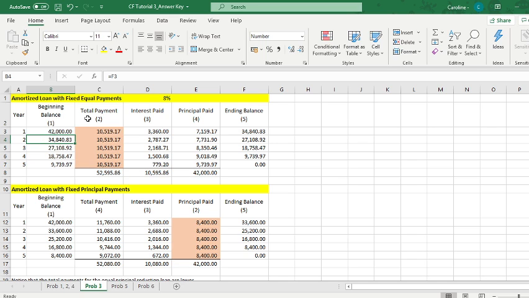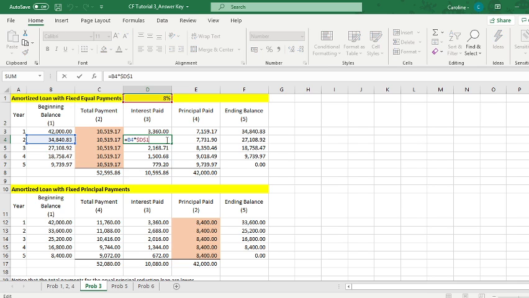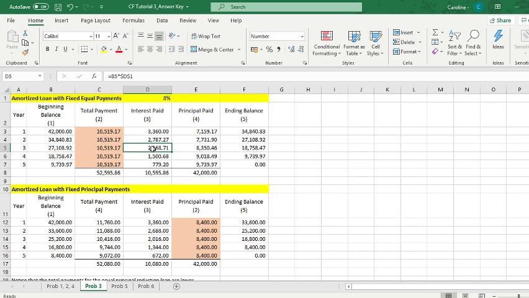Okay, the total payment is still the same because this is with the fixed equal payment. And for the interest you have to pay, you need to calculate this 8% multiplied by this balance, and then you find that the interest you are going to pay is 2,787.27.